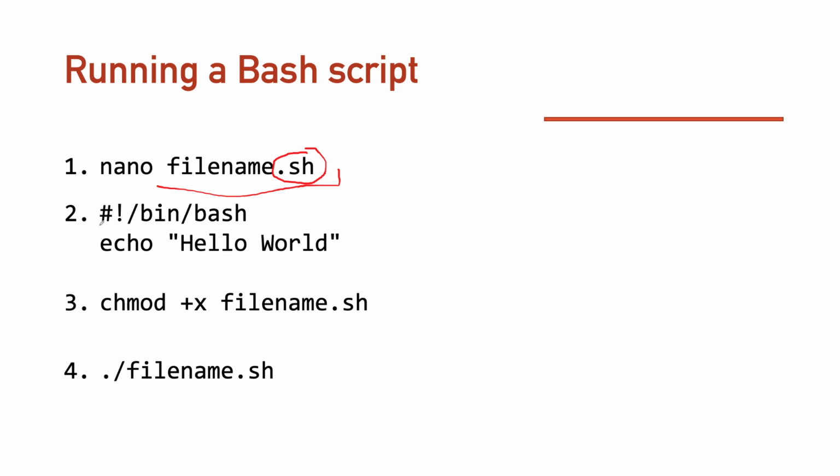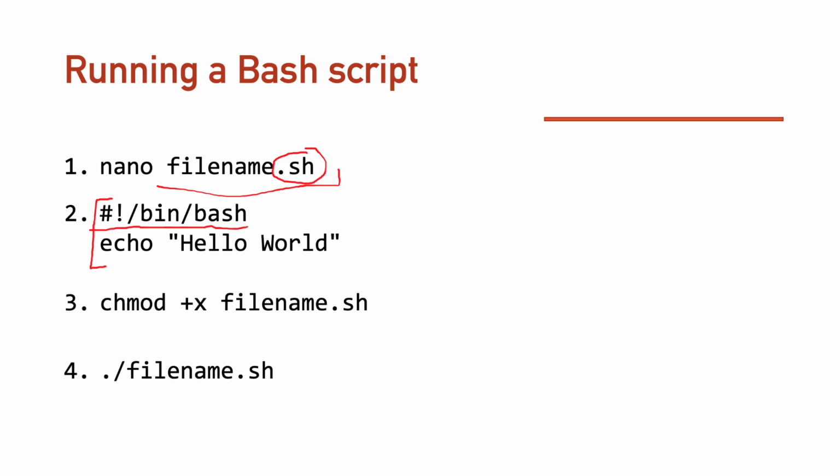Then this is the text that goes in the file. The first line is called a shebang, and it basically tells the shell what kind of file it is. You can see here it's a bin bash file. And then we've got the first command, which is echo hello world.